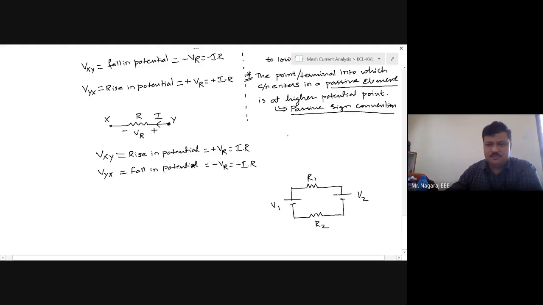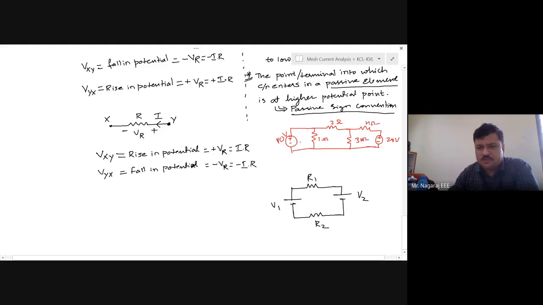The same thing has to be done in larger circuits also. Now I have this circuit: 10 volts, 20 volts, 1 ohm, 2 ohm, 3 ohm, 4 ohm.